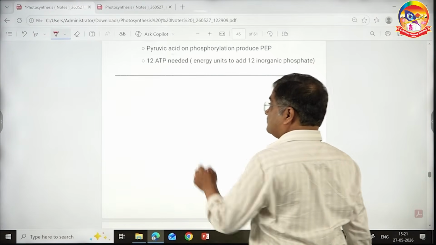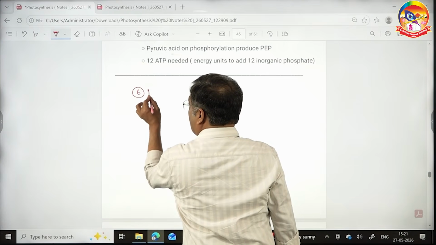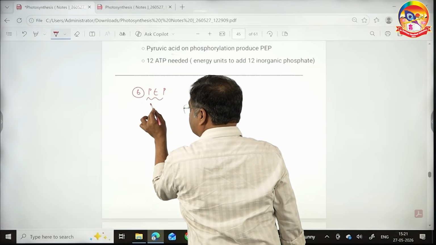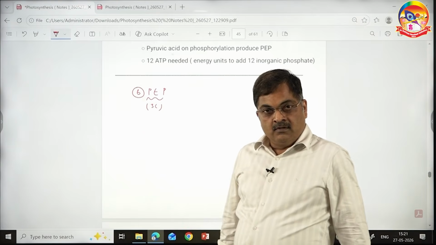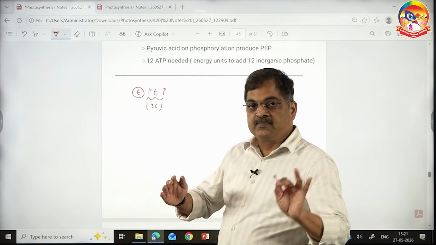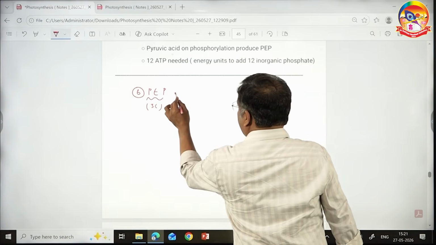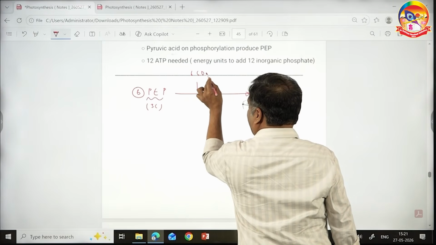Let us now look. In mesophyll, it keeps 6 molecules of phosphoenol pyruvic acid. This is a 3-carbon compound. Yes or no? No RUBP. 6 molecules of phosphoenol pyruvic acid then combine with 6 molecules of carbon dioxide.